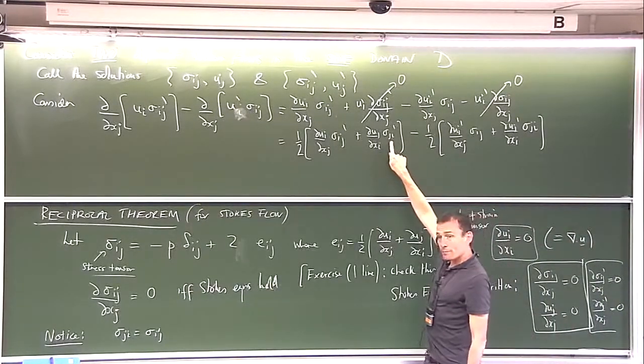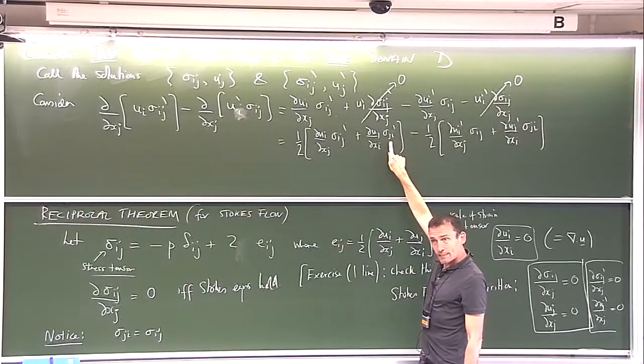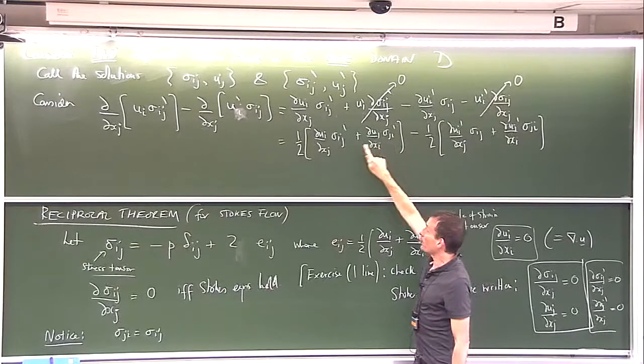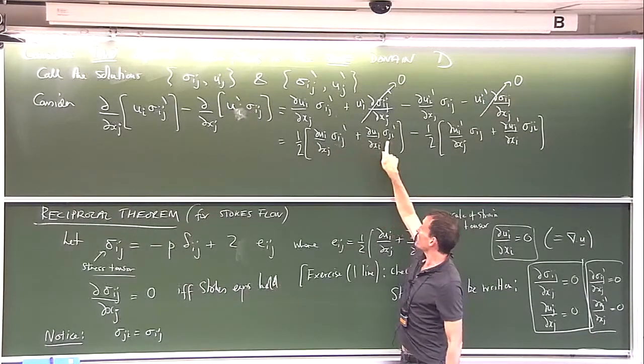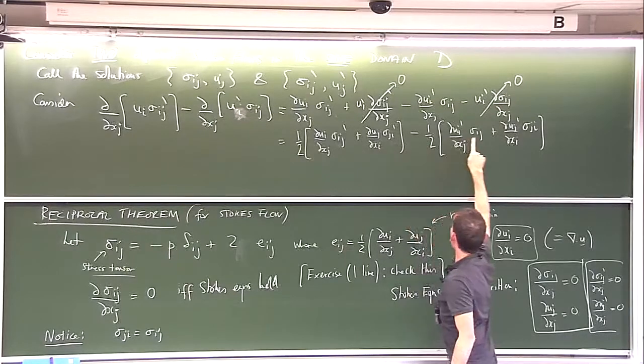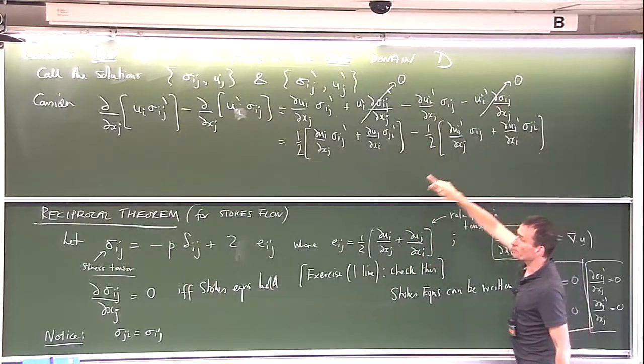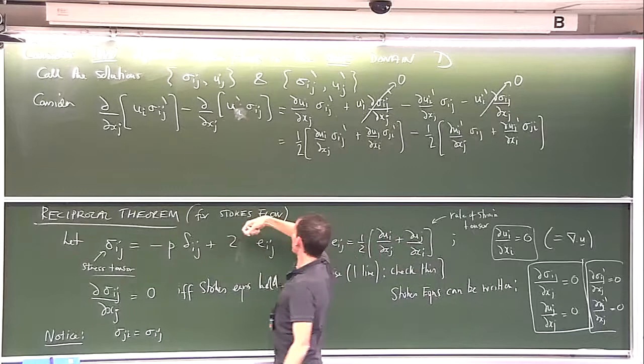But now, by the symmetry of these things, this is the same as sigma ij prime. And that appears there as well. These are different, but this is the same as this. And this is the same as this, by this symmetry. So let me take that outside.